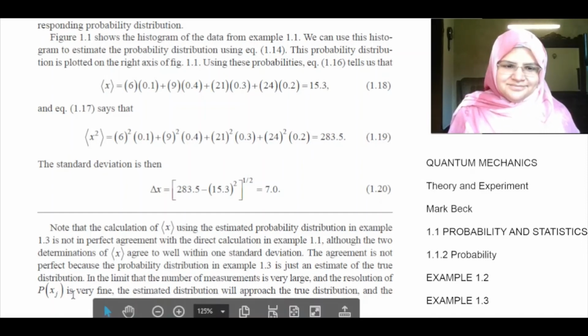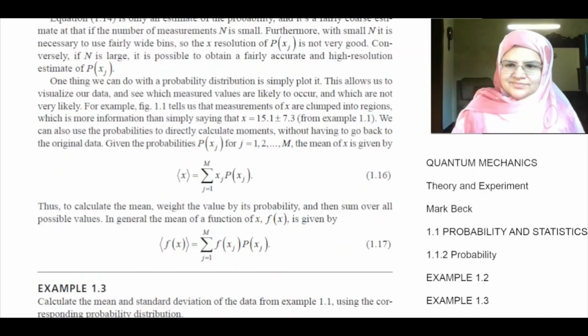Equation 1.17 says that the mean of f of x is equal to the sum from j equal to 1 to m of f(xj) times Pxj, which means it is equal to f(x1) times Px1 plus f(x2) times Px2 and so on, we keep on adding up till f(xm) times Pxm.